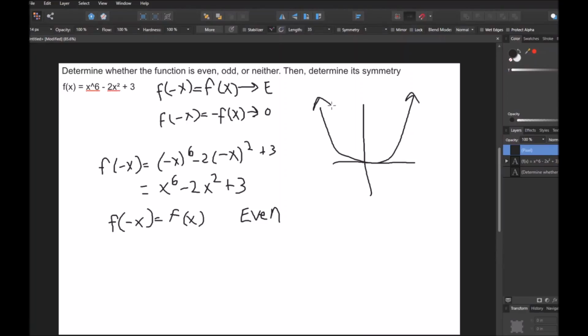And I can check my work by plugging in a point that would be on the left side of the vertex as well as the right side of the vertex, and I would see that they're both the same number.